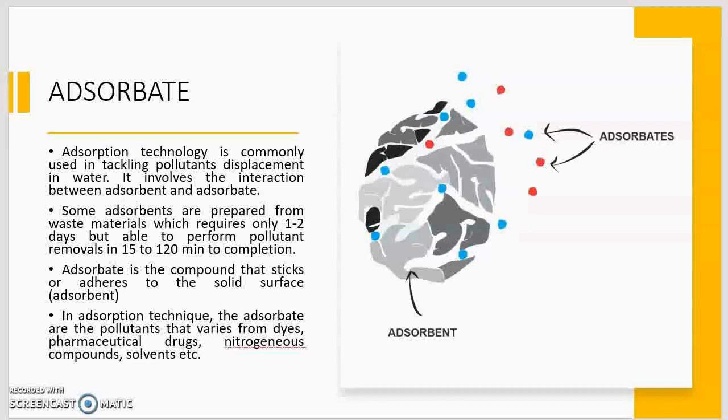If we are able to optimize the adsorbent to a very high point, it may have a better performance. The adsorbate, on the other hand, is the compound that sticks or adheres to the solid surface, which in this case is the adsorbent. The adsorbate is the pollutant. It may vary from dyes, pharmaceuticals, drugs, or nitrogenous compounds or solvents.